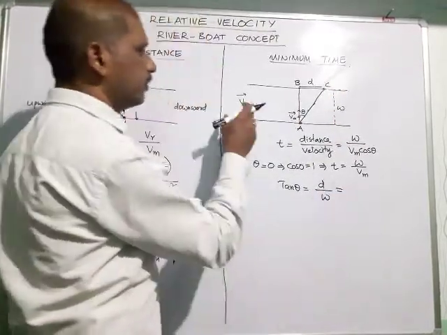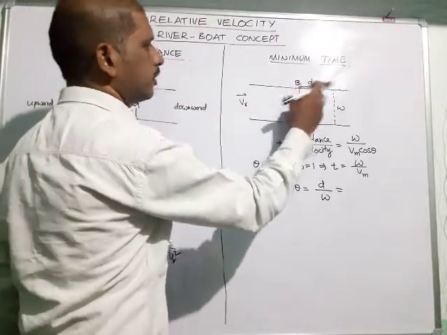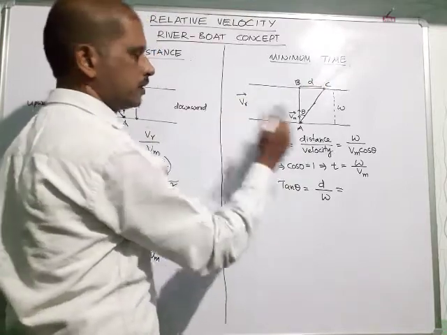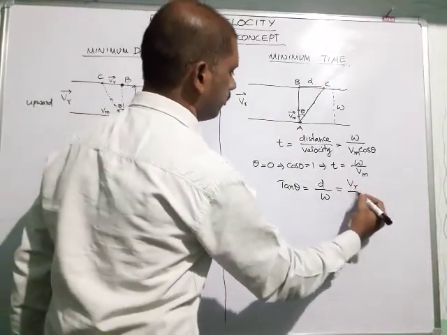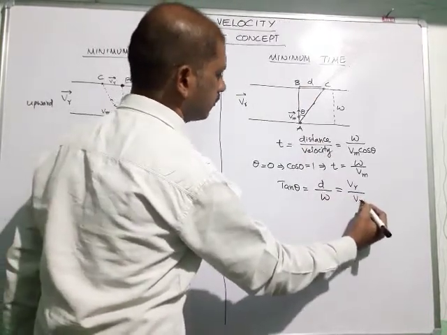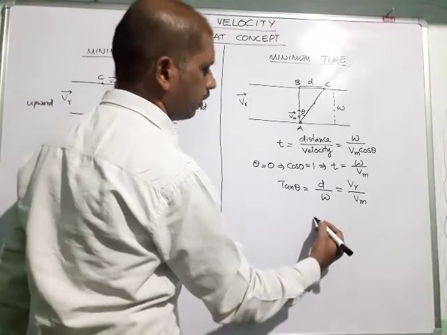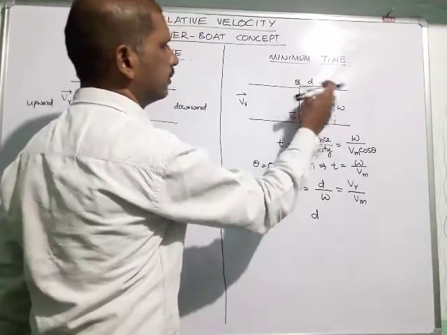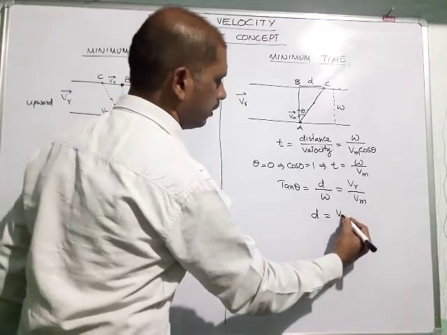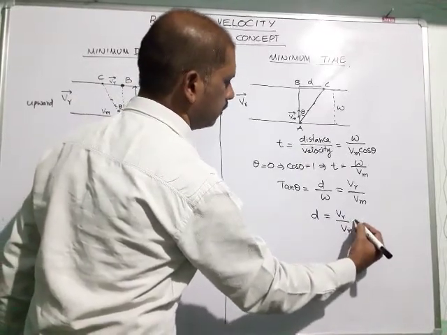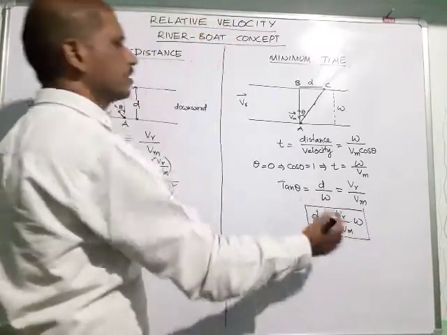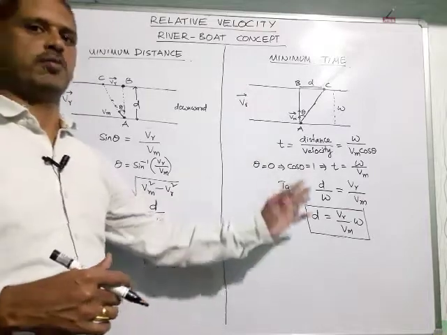Considering the velocities, the velocity of the river Vr in this direction and the velocity of the person Vm. So if you want to find out d, the drift, the distance covered by the person, d is equal to Vr by Vm into w. Like that you can find out the drift taken by the person when he considers the minimum time.